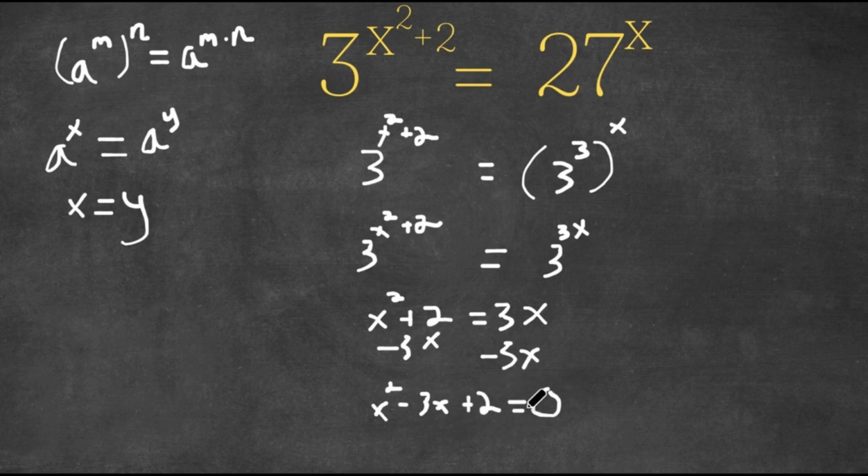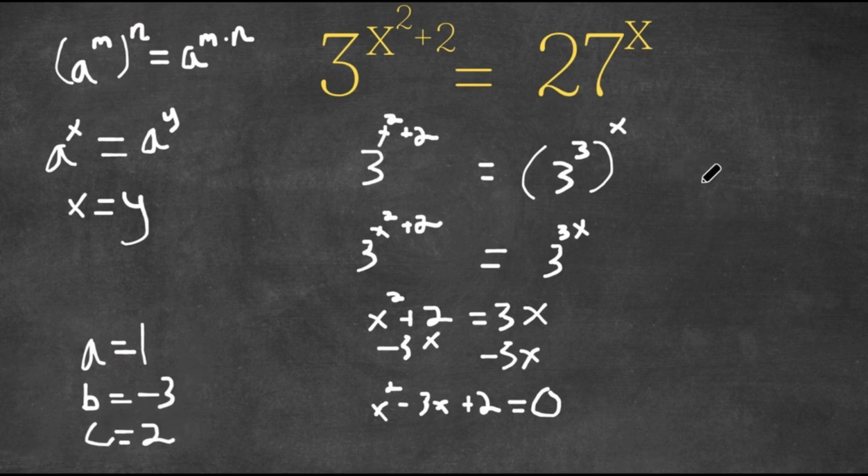The quadratic formula is negative b plus or minus the square root of b squared minus 4ac, divided by 2a. So a is 1 because there is no coefficient here. b is negative 3 and c is 2.